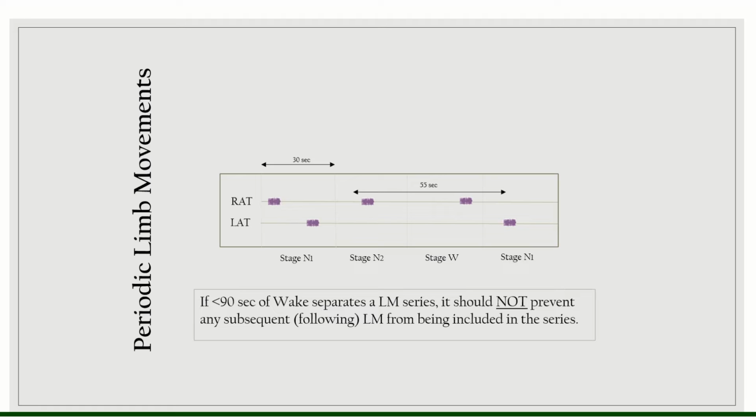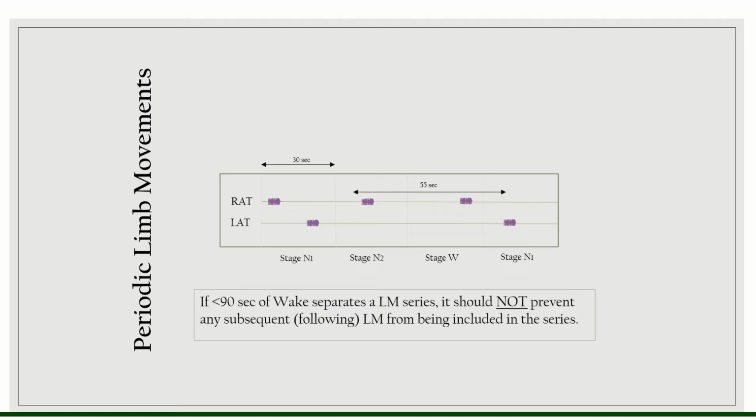We're saying that in order to be included in the series, it's just from the start of one to the start of the next. Okay? So not the start of the first to the start of the last. If you have 10 leg movements, we're not going 90 seconds from the start of the first to the start of the 10th one.